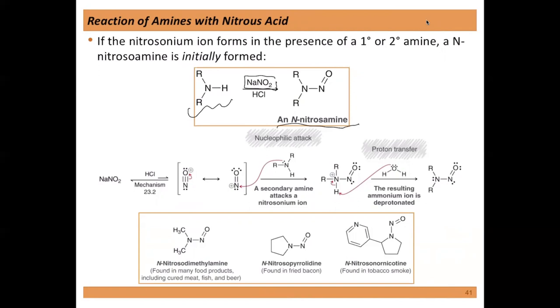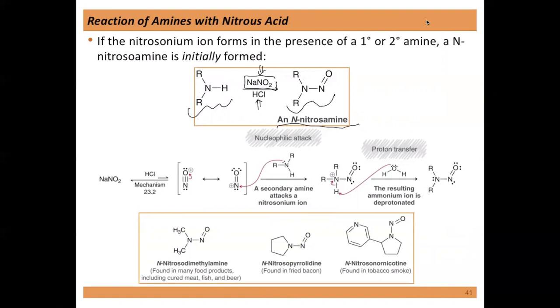Now, if you read the ingredients on hot dogs, you'll see that many of them now say that they're nitrite-free. And the reason that they're nitrite-free is because nitrites are typically used as preservatives for meat, and if you ate the hot dog and introduced it into your stomach with some hydrochloric acid, you would form this nitrosonium ion that would then react with secondary amines in your body and give you this N-nitrosamine.